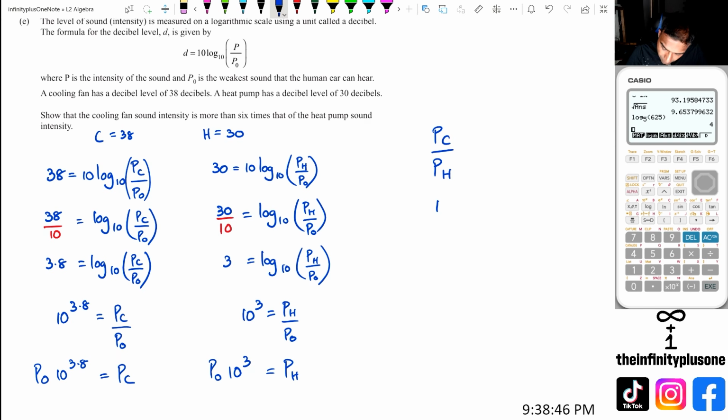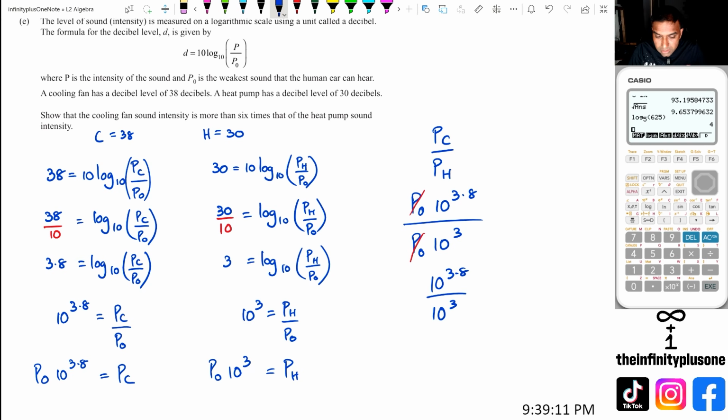So for the cooling fan, we're going to get P naught times 10 to the power of 3.8 divided by P naught times 10 to the power of 3. So what's happening here is the P naughts cancel out, and all you're left with is 10 to the power of 3.8 divided by 10 cubed.